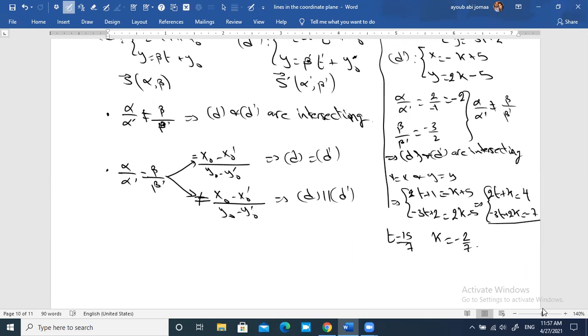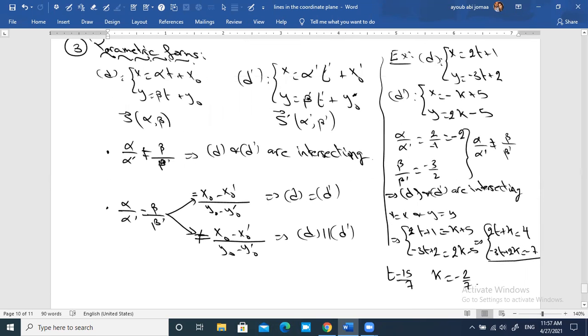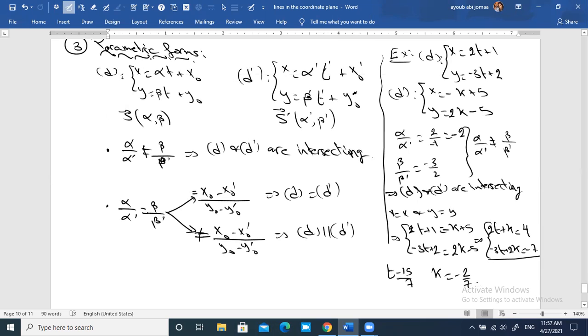We tried to get simple numbers but it didn't work out. Now we found t and k. One of them is enough. If t is equal to 15 over 7, replace to find x and y. In this case, x is equal to 2 times 15 over 7 plus 1, and y is equal to and so on.